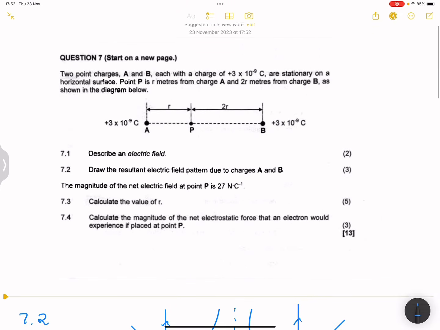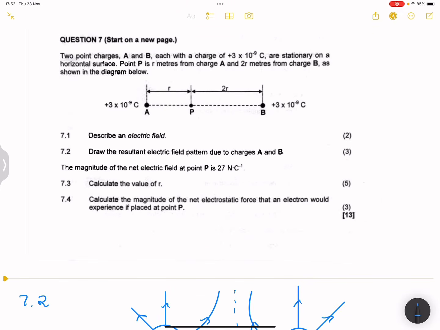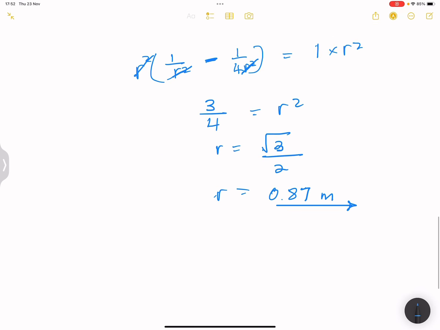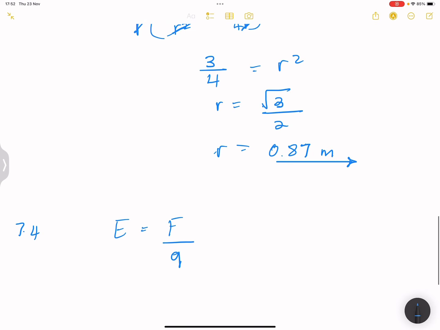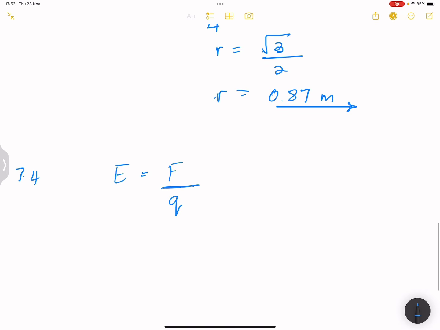All right, now let's go to the next question. They say calculate the magnitude of the net electrostatic force that an electron would experience if placed at P. Now remember, in this case we know that E is equal to F over Q. So now we've got the net electrostatic field at that point, which was 27.